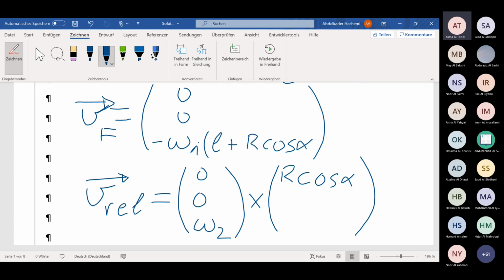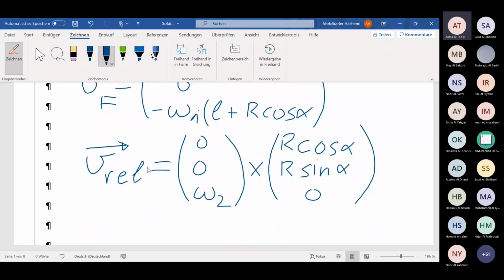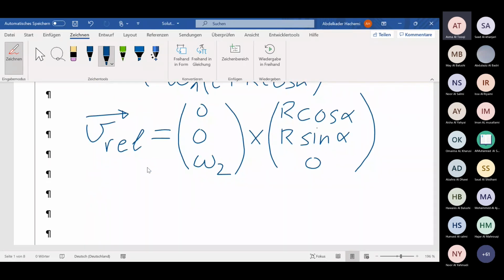We have the second here, R sine alpha, and in z direction it's 0. Now, if we look at the vector product, as I said, we eliminate the first line to get the first component.